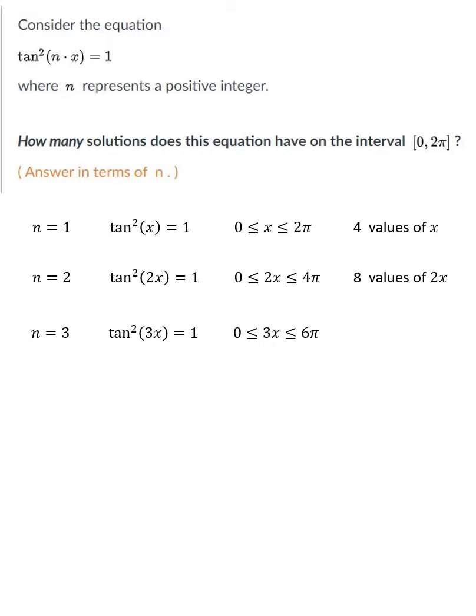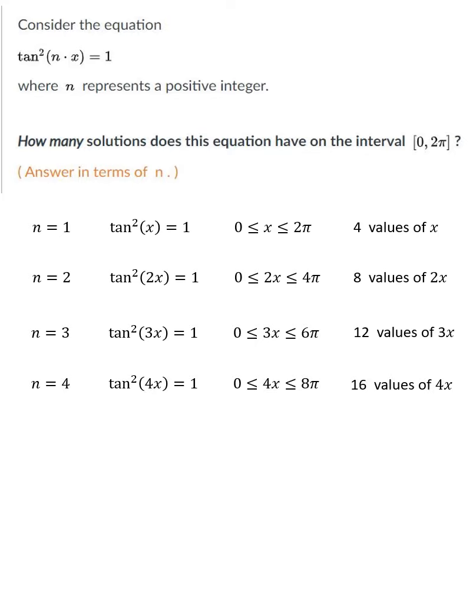If you think of 3x as an arc, 3x would have to terminate at one of these places. And how many such places are there between 0 and 6 pi? Well, there are 12 of them. So there are 12 different values of 3x. But if there are 12 different values of 3x, wouldn't that mean there are also 12 different values of x?